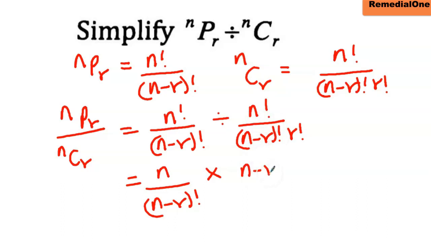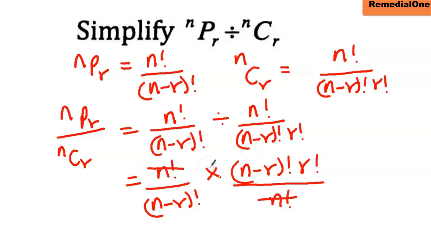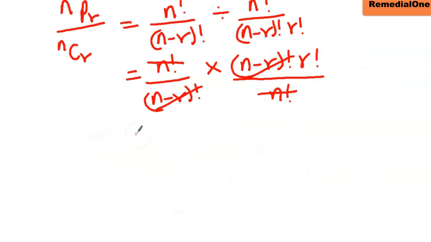So n minus r all factorial times r factorial over n factorial. This n factorial will cancel that, and this one will cancel that. So you have r factorial. So that is the simplification of this expression.